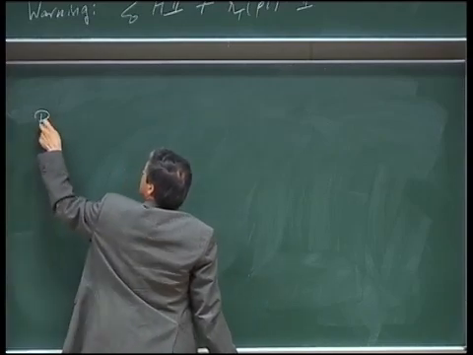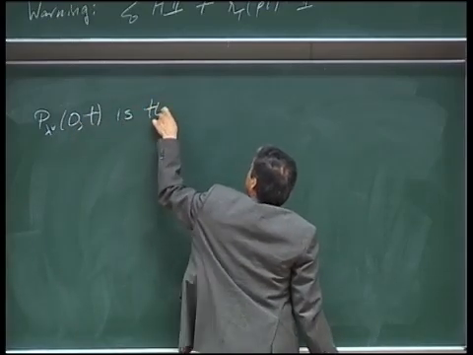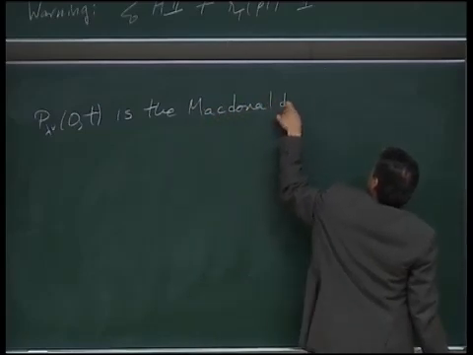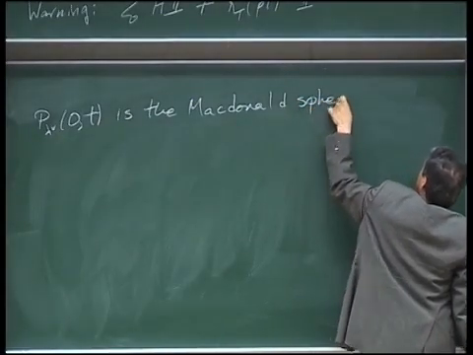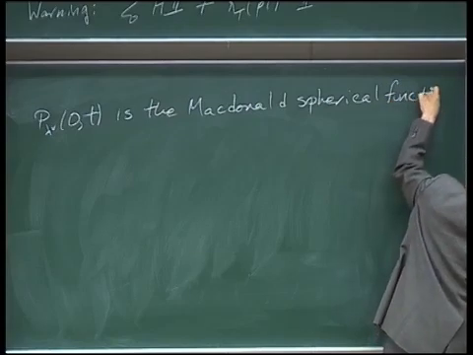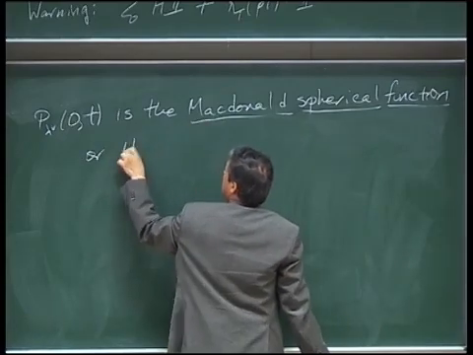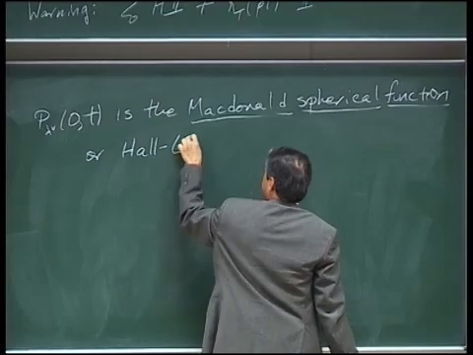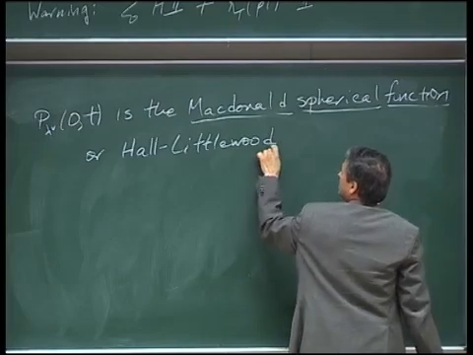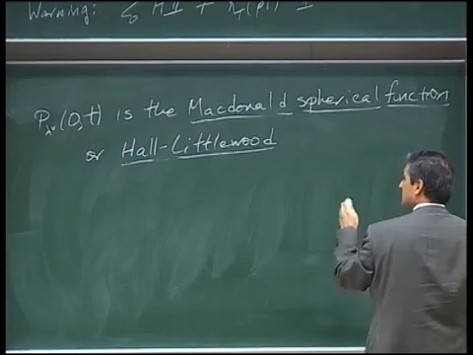P_λ-check(0, t) is called the MacDonald spherical function, or the Hall-Littlewood polynomial. So if Hall-Littlewood polynomials ever entered in your life or ever will enter in your life, that's what they are.